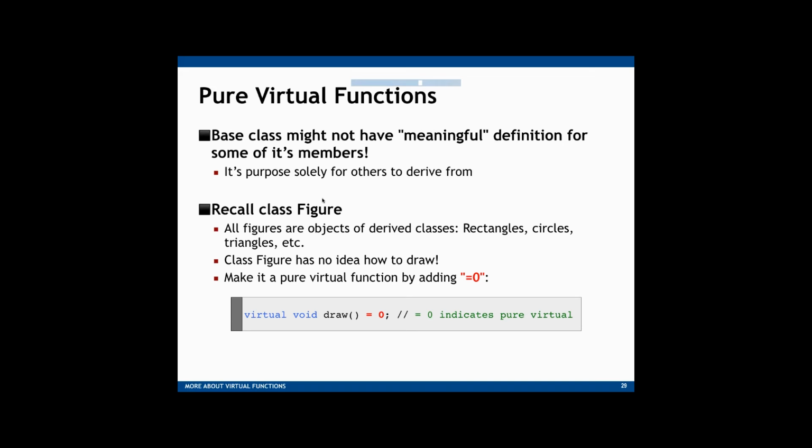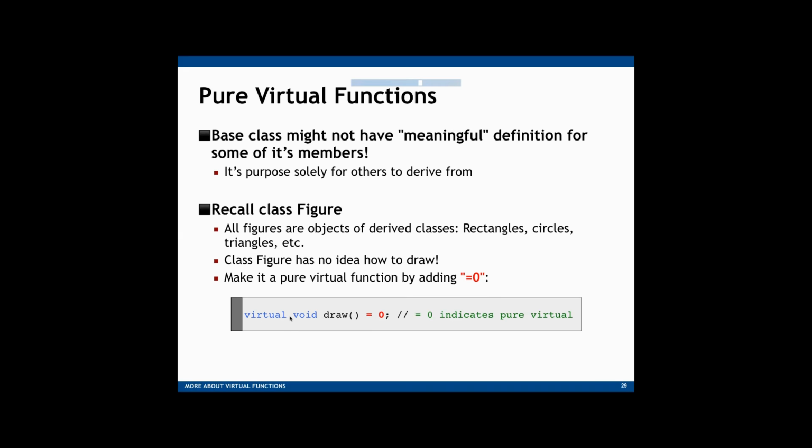In such cases, you can make pure virtual functions. For a pure virtual function, you do not need to give the definition of the function. You make a pure virtual function using the equal zero sign like this. You specify the virtual function signature, and instead of putting the function body with brackets, just assign it to 0.